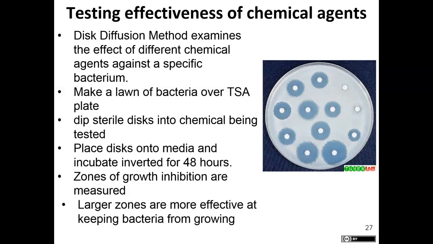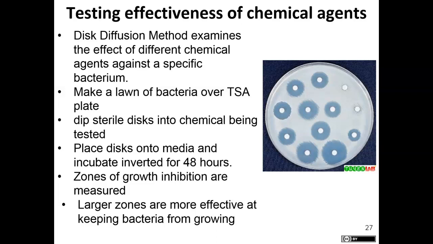You make a lawn of bacteria over the TSA plate. You take the discs that are in the different chemicals and tamp them onto the plate. So you just push them down with a sterile set of tweezers or forceps. And then you invert and incubate them for about 48 hours.